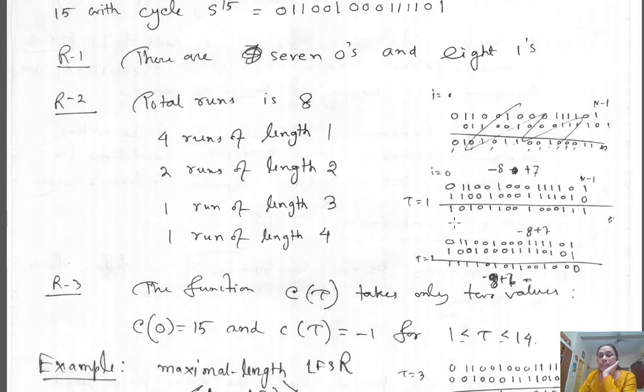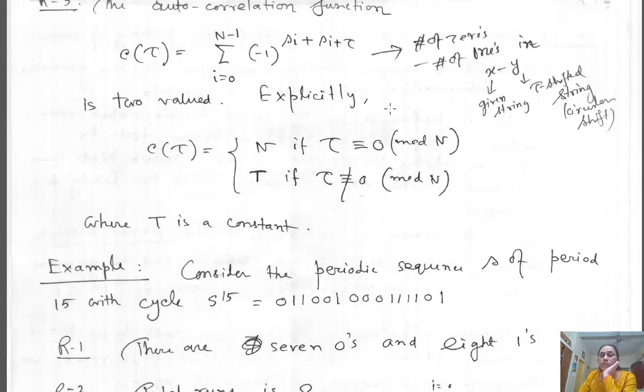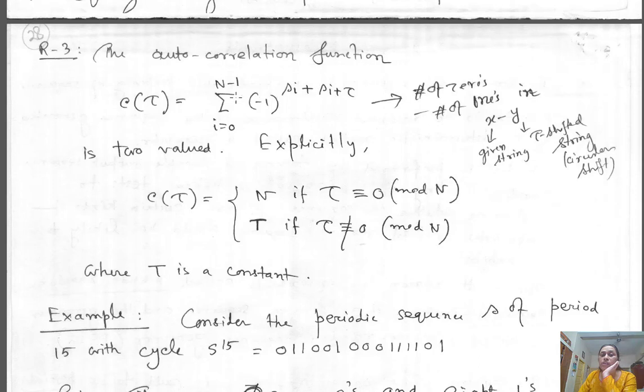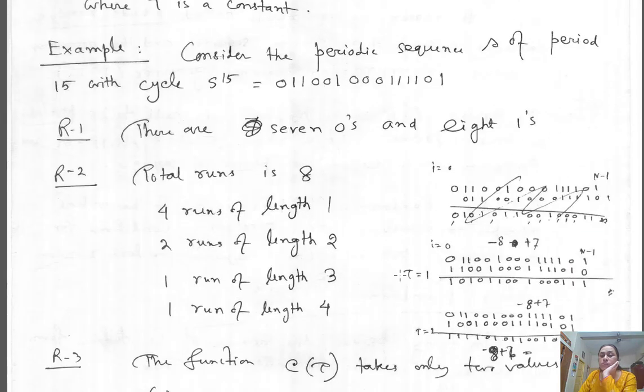If the sum Si plus Si plus tau is 0, it will contribute 1 in the sum. So it counts the number of zeros.